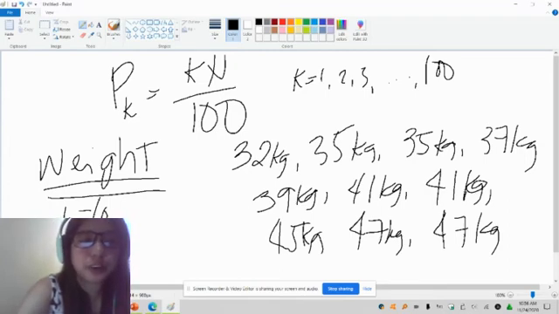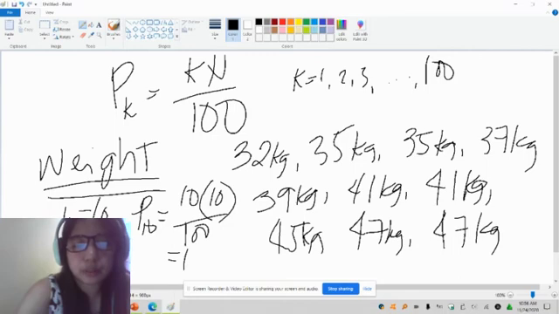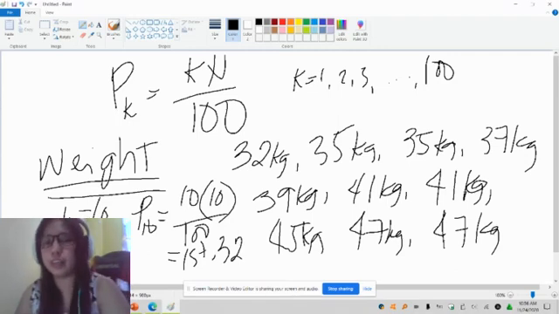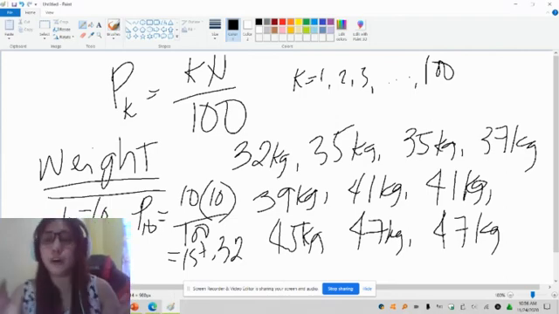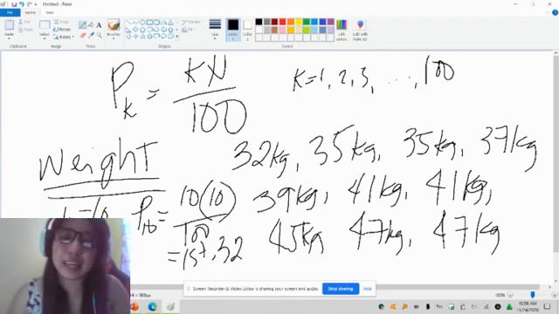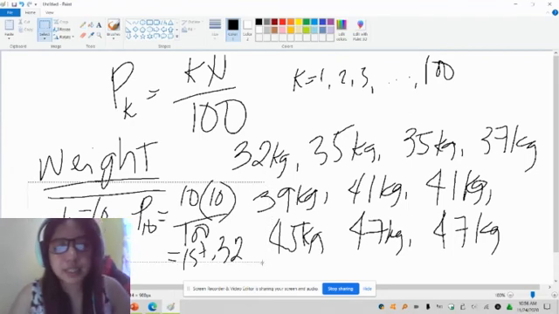So P sub 10 is equal to 10 times 10 all over 100, which is equal to the first data, and that is 32. So 10% of the data have a weight of 32 kilograms. Of course, because we only have 10 data here, the first student weighs 32 kilograms.